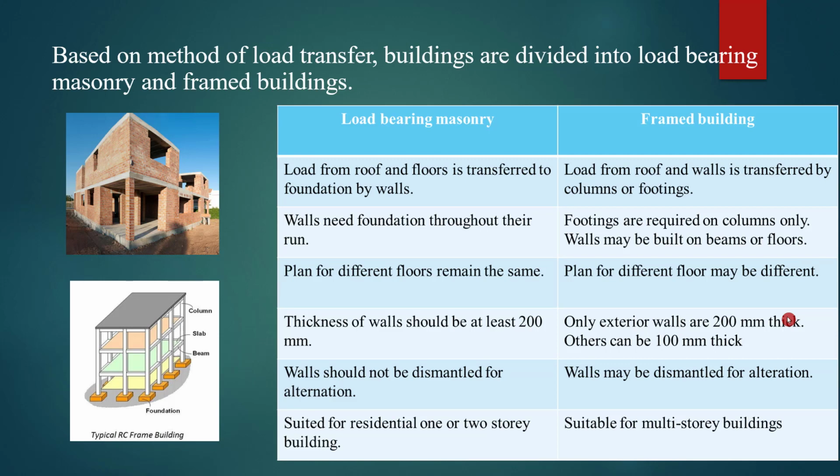In the case of a frame building, we have a slab, beam, and column combination in the superstructure for transferring the weight of the superstructure, and it is transferred to the ground through the plinth. In the case of load bearing masonry, as I explained first, as the bricks take the load, the bricks should be of higher quality and should be designed accordingly.